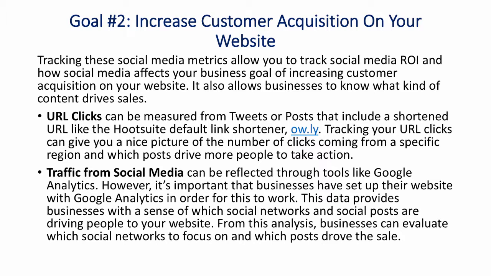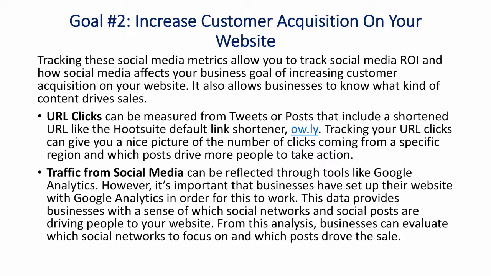So you want to look at things like URL clicks. These can be measured from tweets or posts that include a shortened URL. Hootsuite has their default link shortener, ow.ly. There's Bitly, which is another one that's really popular. Now, tracking your URL clicks is going to give you a nice picture of the number of clicks coming from a specific region, depending on how granular you want to get, how granular your business is.